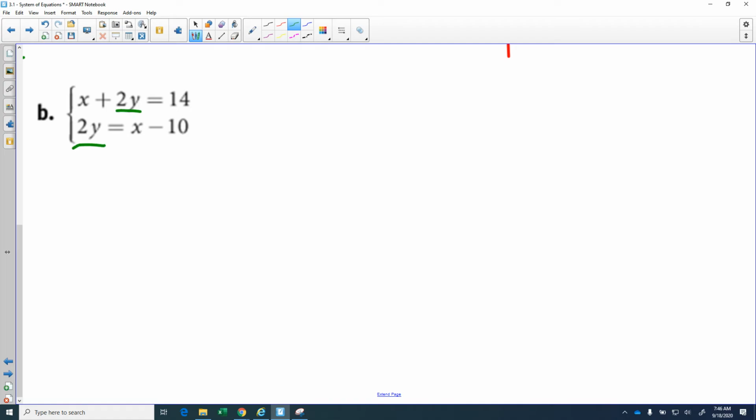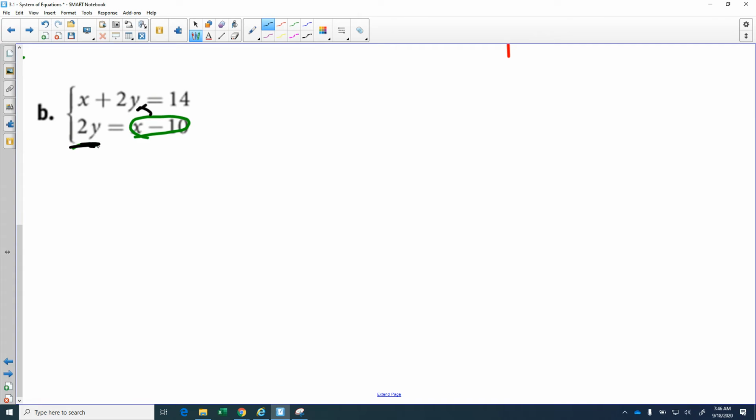Well, technically, because these are the same thing, what I can do is take what they're equal to and plug it in. So because it's equal to x minus 10, I can actually plug that value in for this 2y.